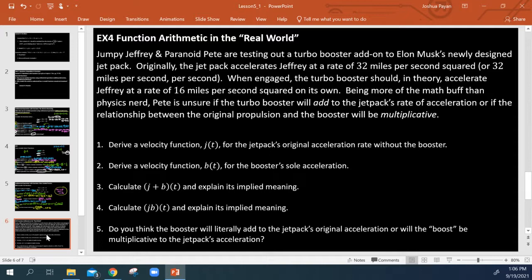So common sense kind of tells me, because I do know about vectors, this is more of a question for Mrs. Delino, but the point is we can actually apply what we were just doing here. So if we derive a velocity function, j of t, for the jetpack's original acceleration, the velocity is simply equal to 32t, so every second he's going 32 miles an hour faster.